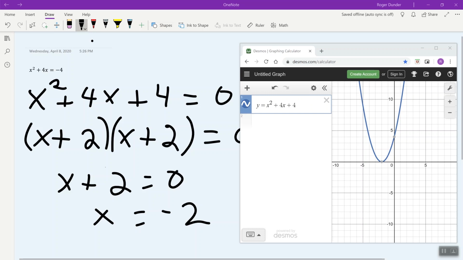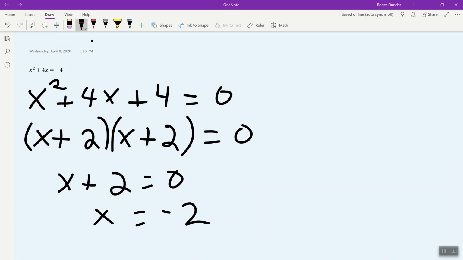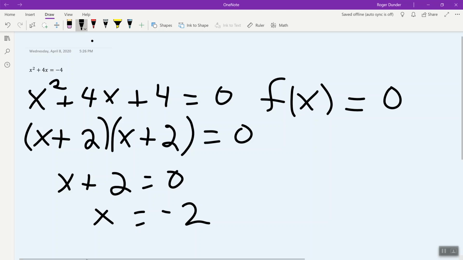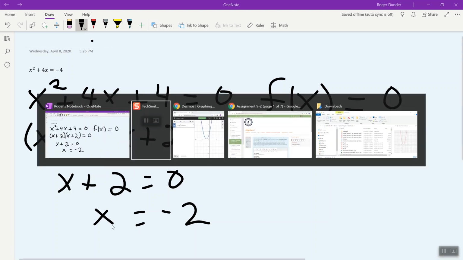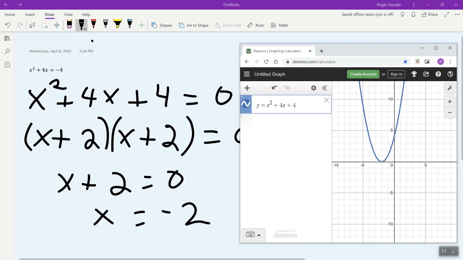In other words, we're asking, when does f of x equal 0? At what value of x will the value of the function be equal to 0? This is what we mean by finding the roots of the equation. So let's go back to our graph and take a look at it.